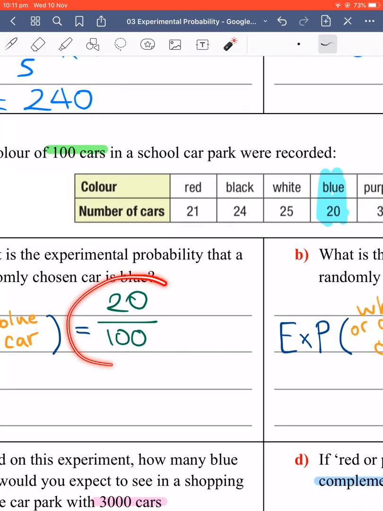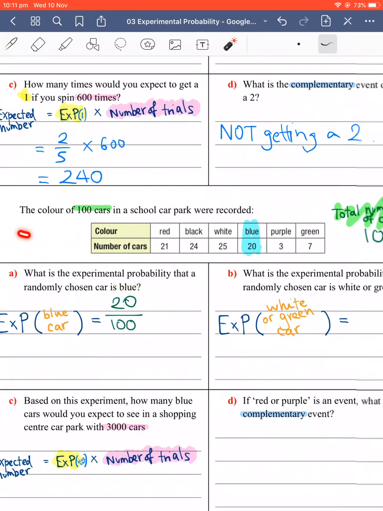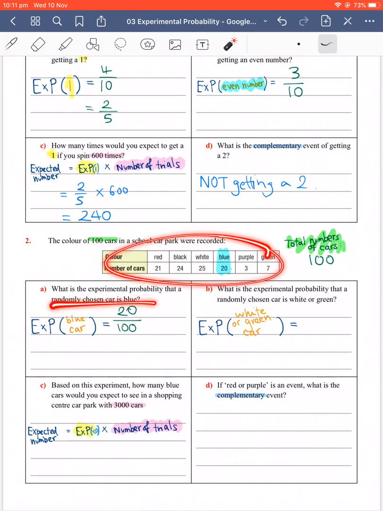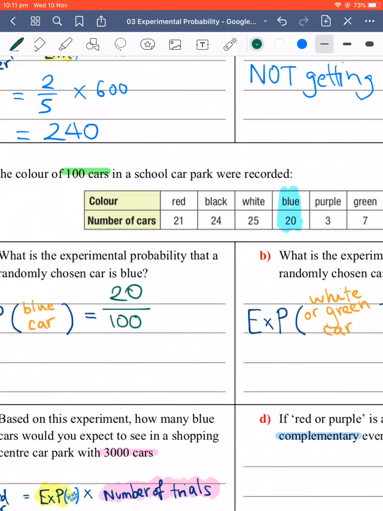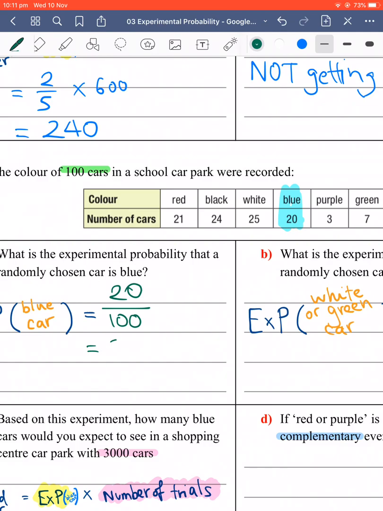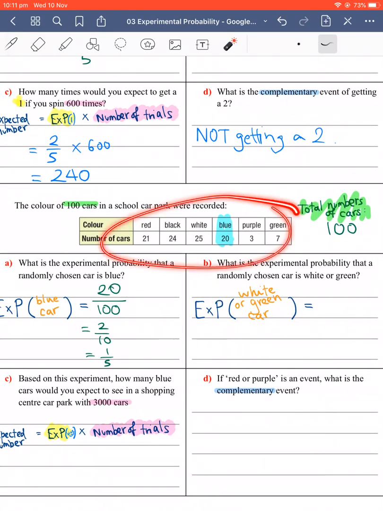So basically, I can randomly pick a car out of this, and it's going to be 2 over 10. We can simplify this a little bit further to 1 over 5. So there is a 1 in 5 chance that I will get a blue car if I just picked it out randomly.